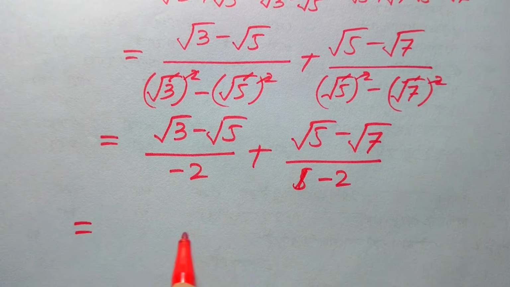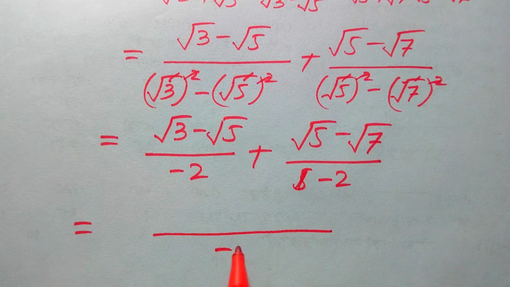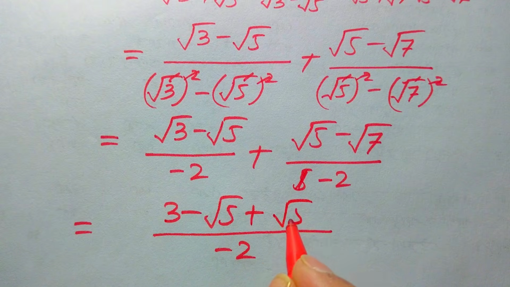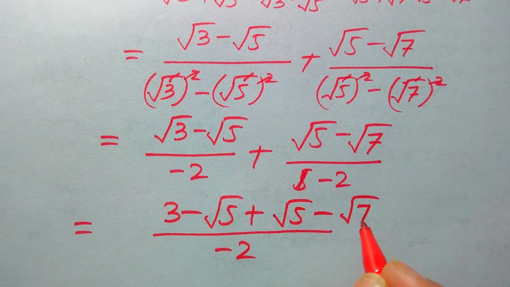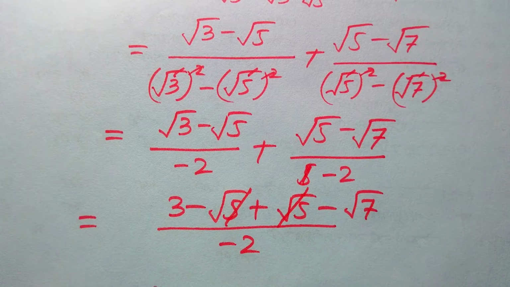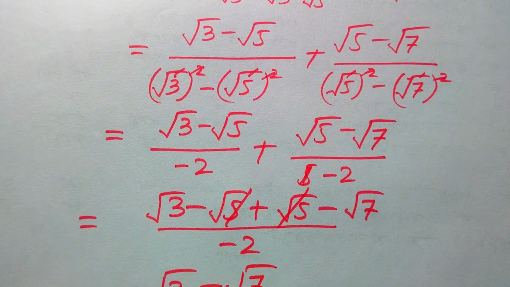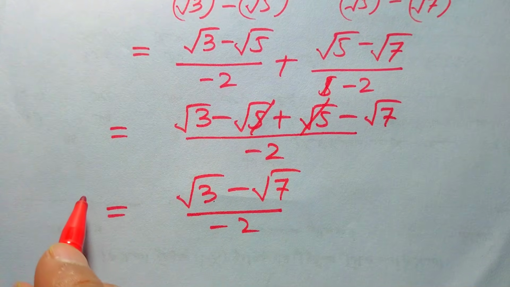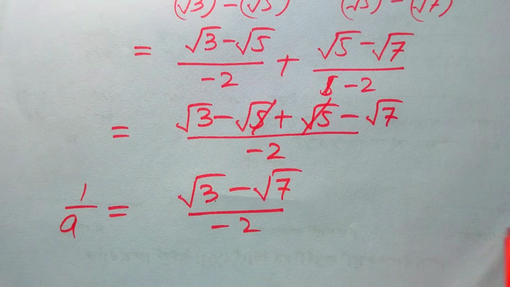So here we again take the LCM of these terms and its LCM becomes minus 2, and the remaining values are 3 minus square root of 5 plus square root of 5 minus square root of 7. So this and these terms are gone and we will get here square root of 3 minus square root of 7 divided by minus 2, and this is the value of 1 over a.